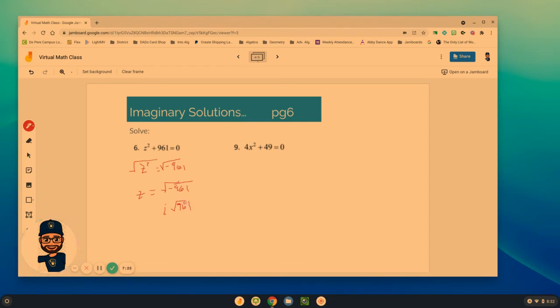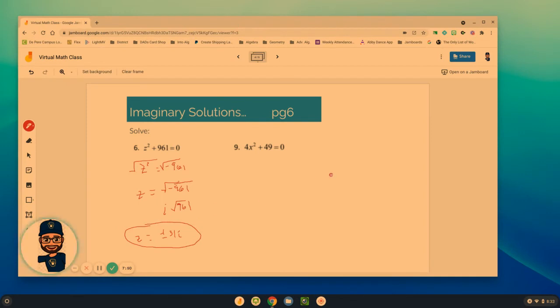And the square root of 961 is 31. But now when we are solving, we do have to include the plus minus sign. So plus or minus 31i, where i is telling me that it really was a negative underneath the square root. So that z would equal plus or minus 31i.